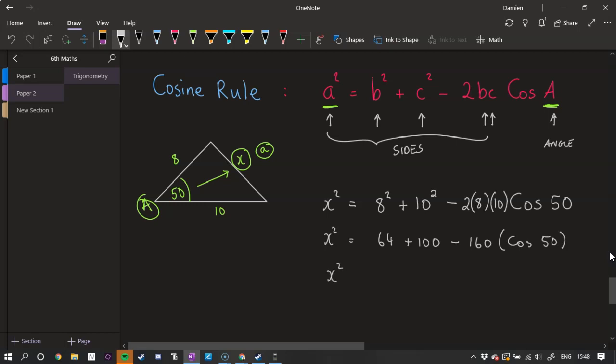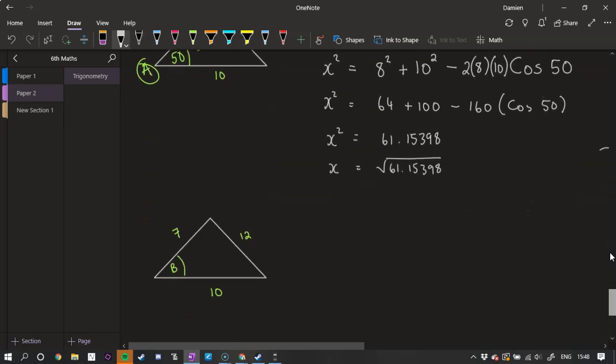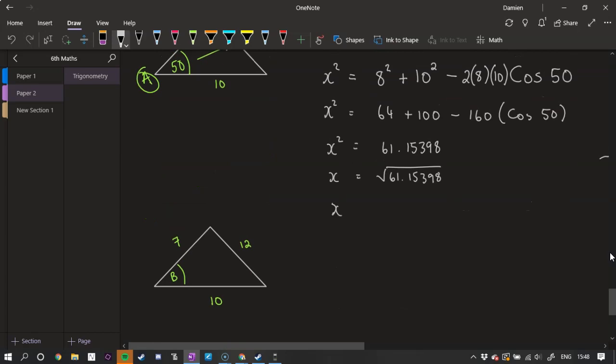That's going to give you x squared equals 61.15398 when you work it out in the calculator. So to work out x, x is going to be the square root of that, 61.15398. So that leaves us with x equals 7.82. Most of these are going to be correct to 2 decimal places. So that's the first example.